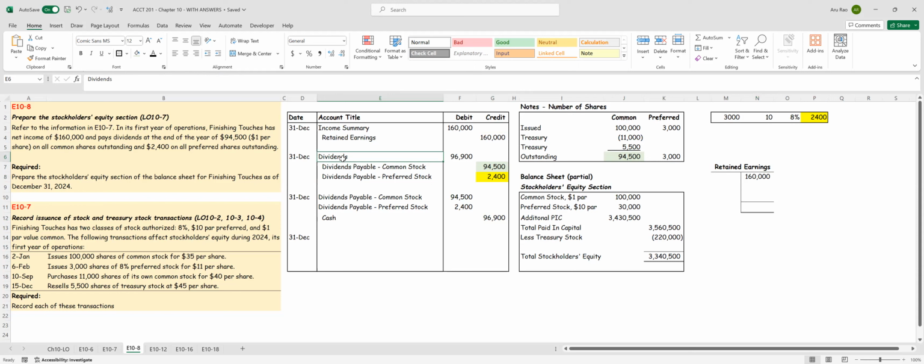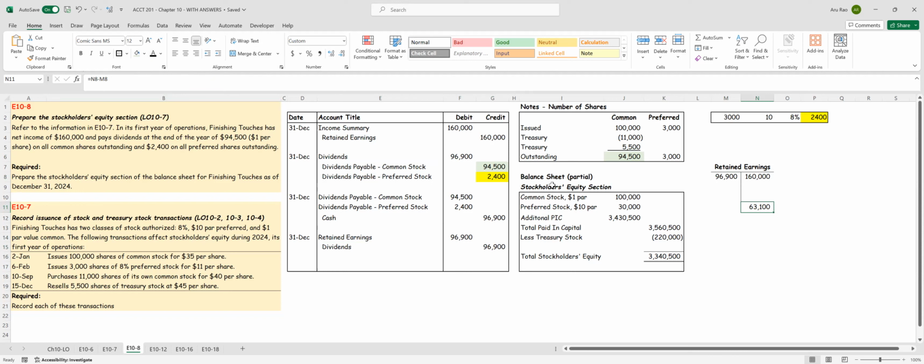This dividend account that's here, I need to close it to retained earnings in order to pay it from retained earnings. Dividends is a debit balance, so I credit dividends in order to close it. And I'm paying from retained earnings, so retained earnings has to decrease, which means I debit retained earnings. So I debit retained earnings, 96,900. That leaves me with a balance. This is end of year balance, 63,100.